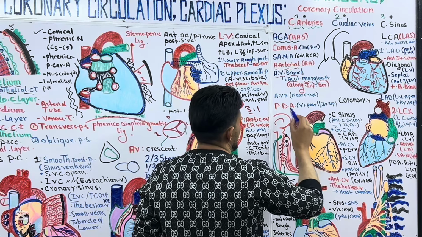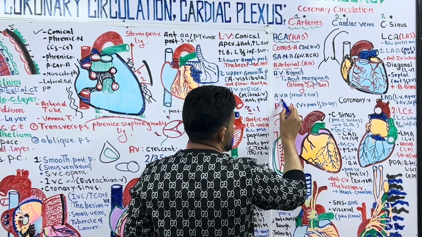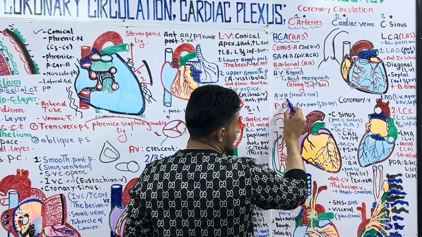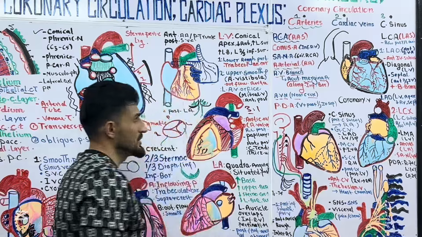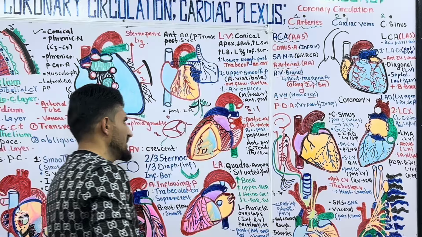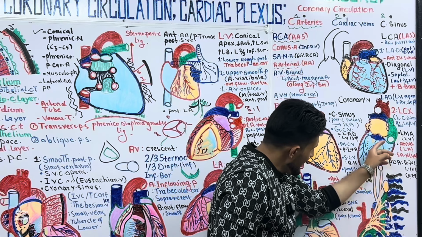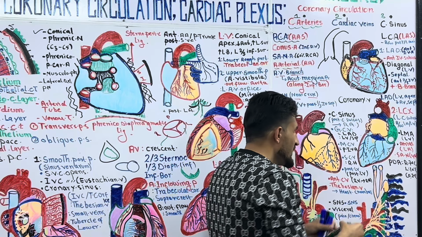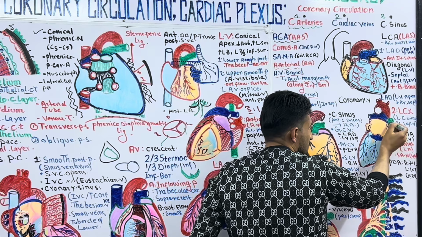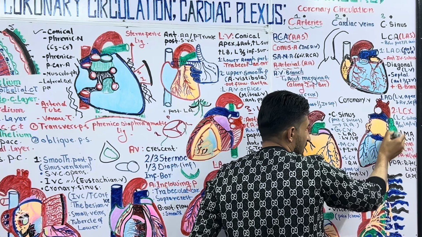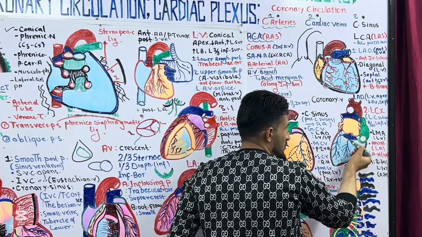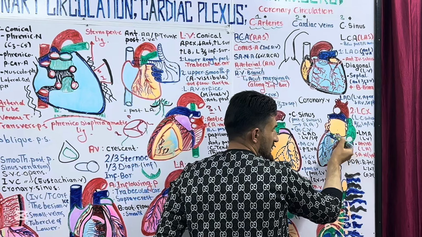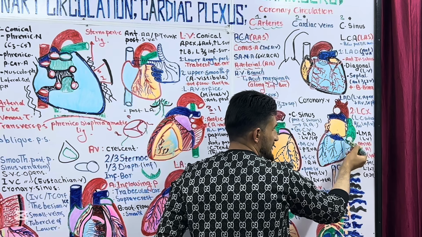Another branch is called the atrioventricular nodal branch. It gives a branch near the crux. What is the crux? Listen carefully. The groove between the two atria is called the interatrial groove. The sulcus between atria and ventricles is the atrioventricular sulcus, or coronary sulcus.